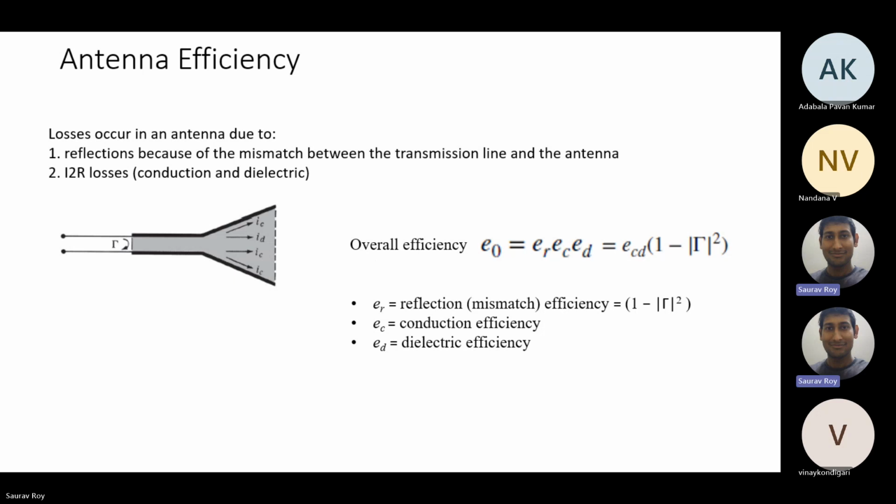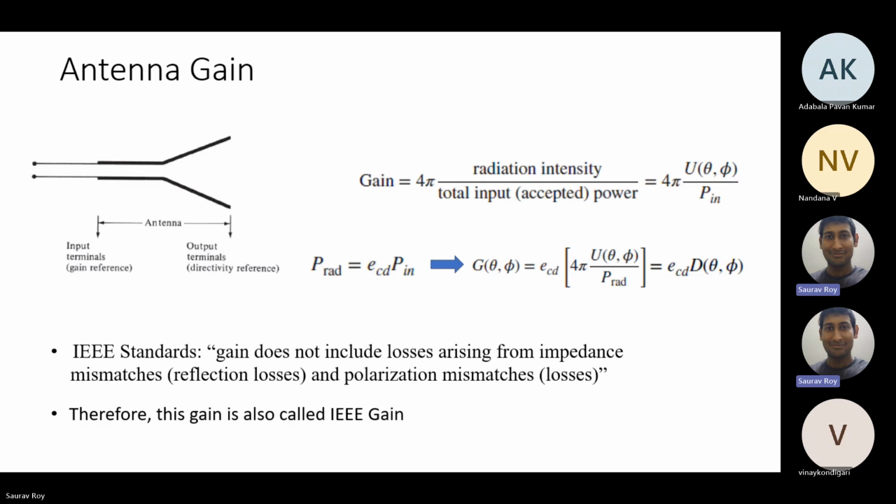ECD is the loss happening in the antenna itself, conductive and dielectric loss. Understood? Yes, sir. So obviously at the other output terminal, the power the antenna is radiating is P rad, which is ECD multiplied by P in, the losses. It is just a ratio. So that's why the gain and directivity are also related as multiplied with ECD, the conductive and dielectric losses happening in the antenna itself.